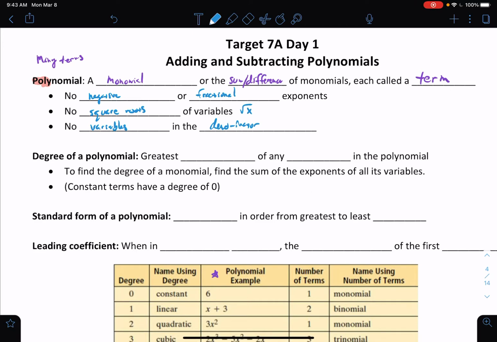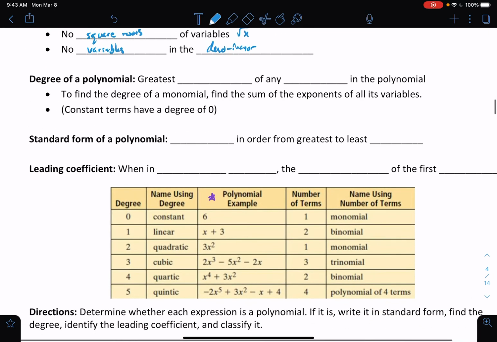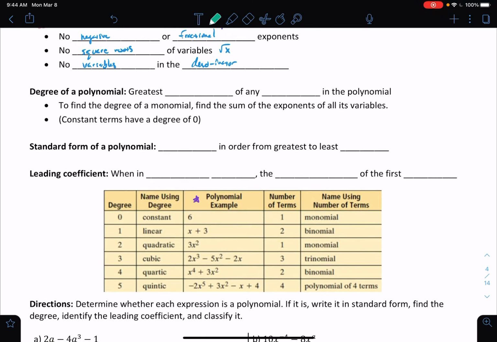All right? Now, a couple other definitions. The degree of a polynomial. So the degree is the greatest exponent of any term in the polynomial. Okay?